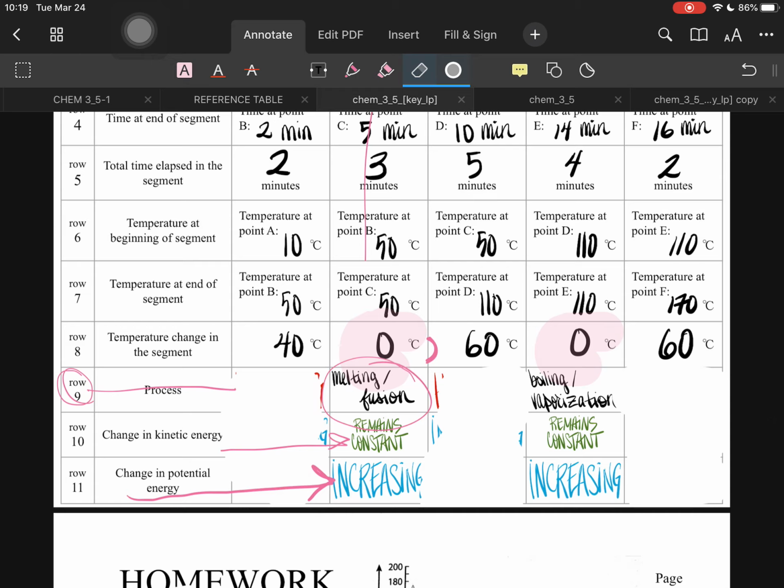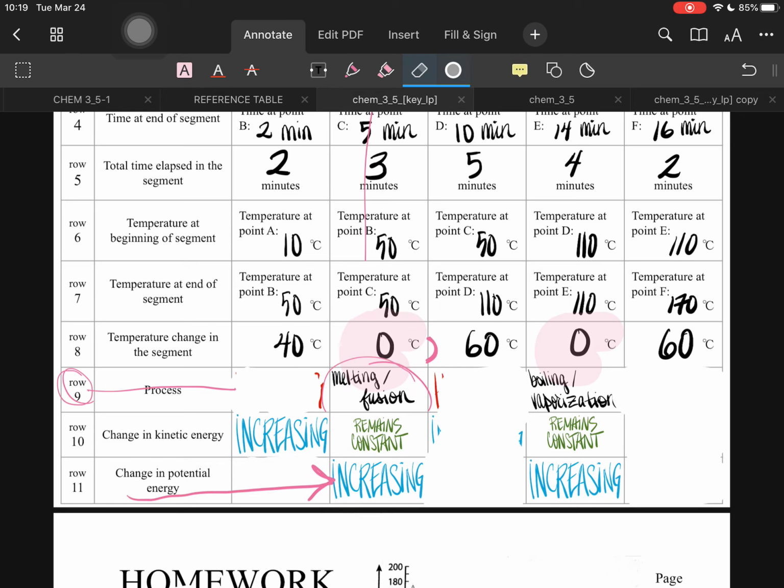If we're adding energy and the temperature isn't changing, then the kinetic energy can't be changing. But if the temperature is changing, that means the kinetic energy is increasing because, and I'm going to say it a zillion times, the temperature is the measure of the average kinetic energy.